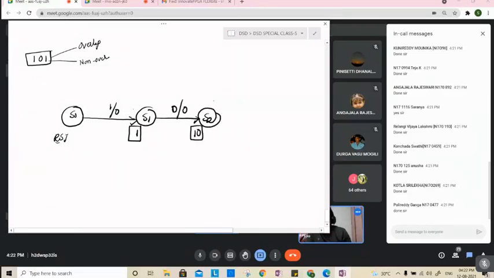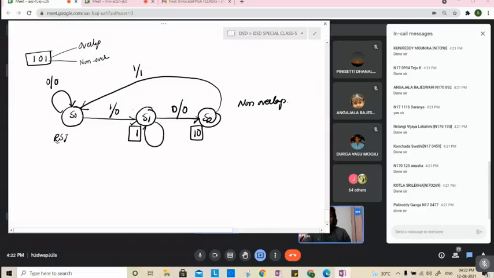Then after that, if the input is equal to 1, what will happen? Non-overlap. And here this is 0 by 0. After S1, if the input is equal to 1, what will happen?